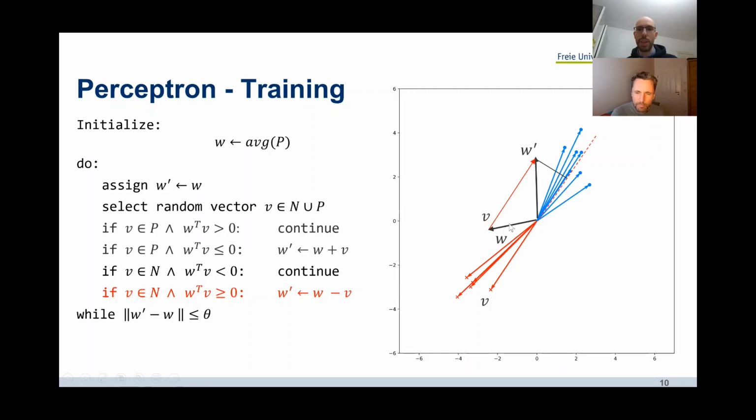We need to shift our vector W away from the V. So what we do is we subtract our V from the W. And we repeat this until the updates become smaller than a given theta, a given threshold. So we assume that eventually this is going to converge. And in fact, one can show that this algorithm eventually converges if the data is linearly separable.